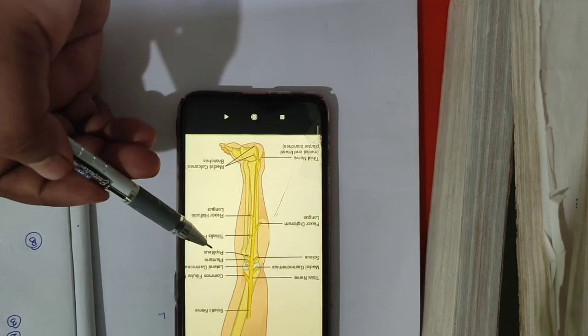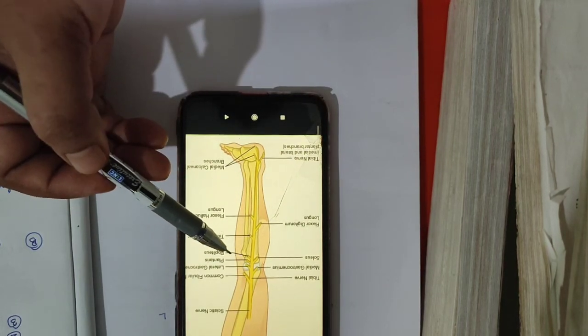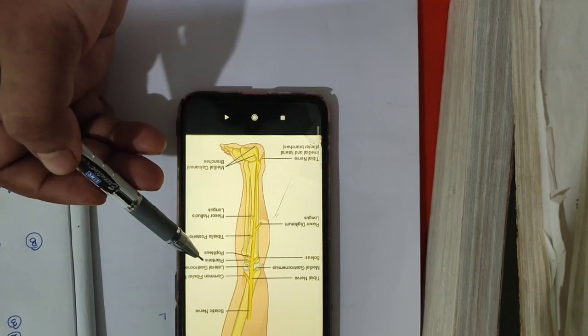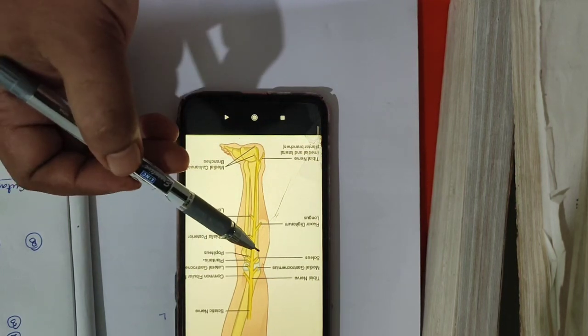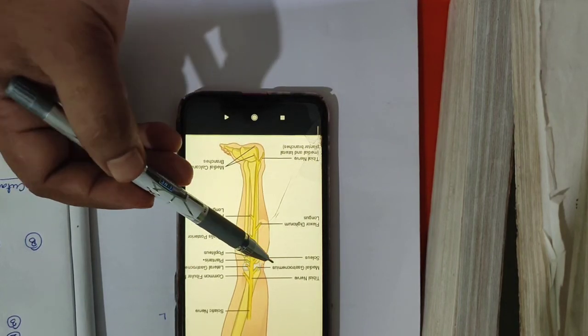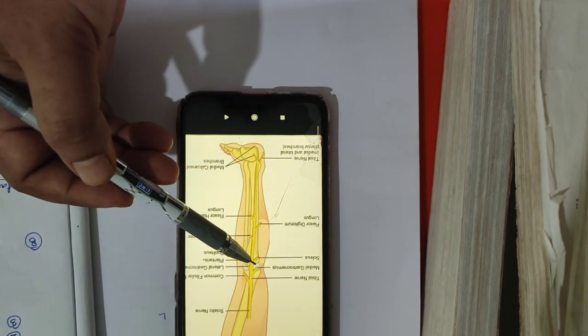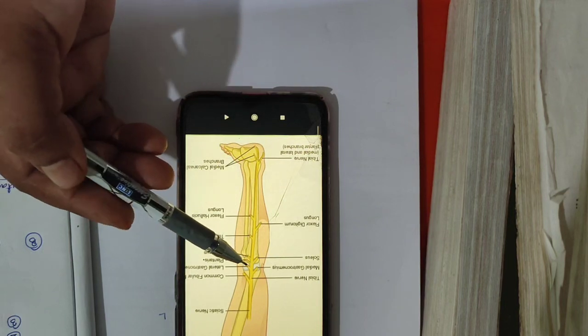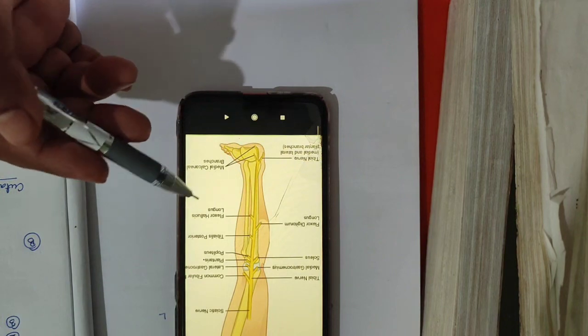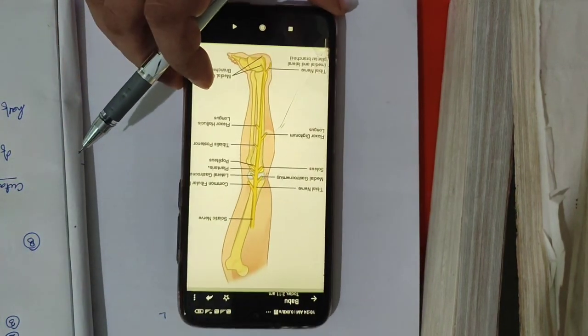In the popliteal fossa, it supplies mainly the lateral head of the gastrocnemius muscle, then the plantaris muscle and soleus muscle. And on the medial side, it is for the medial head of the gastrocnemius muscle. The remaining portion, the back of the leg and the sole of the foot, I will discuss later.